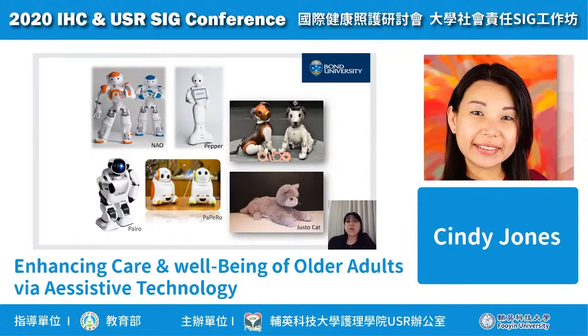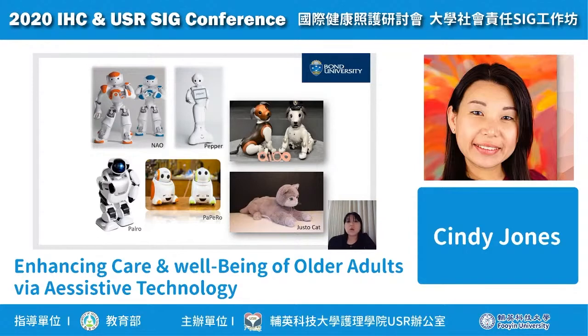Reception to Abio has always been fairly positive, but there's not enough research evidence to demonstrate its efficacy in an aged care setting as such. In fact, Abio was discontinued for a number of years, but in recent years, I think it was last year, they went back into production. So Abio is also another very interesting social robot.